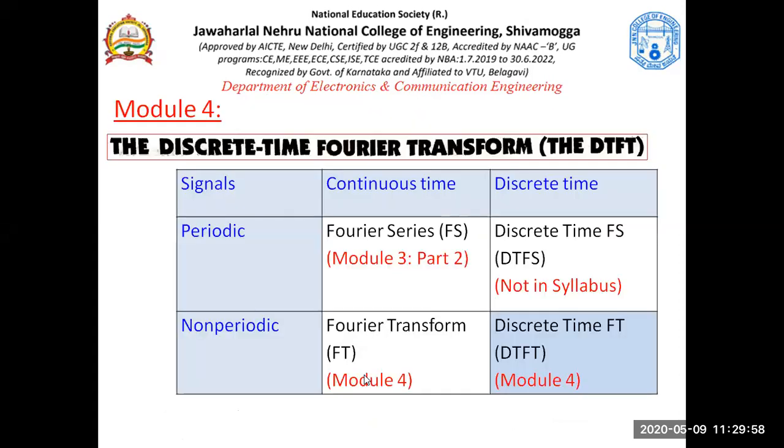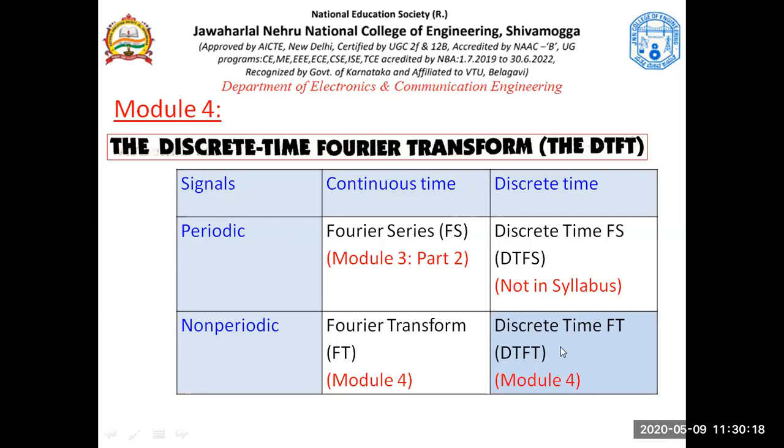Let me go back to the table that I had shown here. Here, the Fourier series is applicable for continuous time periodic signals. We saw the signal that we need to consider is periodic. But in frequency domain, the spectrum for Fourier series is non-periodic. The signal here is periodic, but the spectrum is non-periodic.